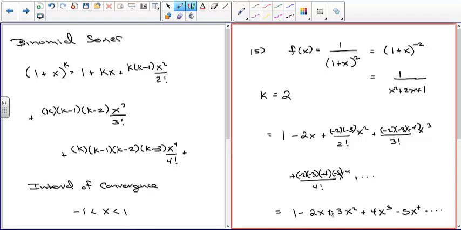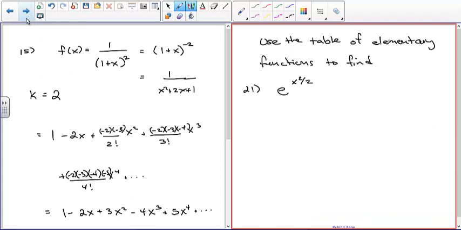That's because every time you add one more negative, here we have 4 negatives, so we get a positive number. Here we have 3 negatives, so we get a negative number. Here we have 2 negatives, so we get a positive number. I apparently have done something wrong because it's not working out here, so let me fix that. So this one's positive, negative, this must be negative. I don't know how I got that wrong earlier. So that's negative, positive. Okay, so that's all we're saying about the binomial series.